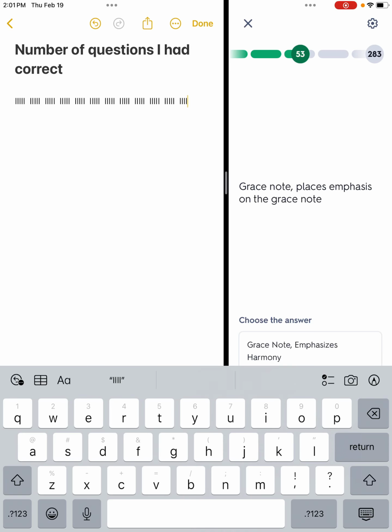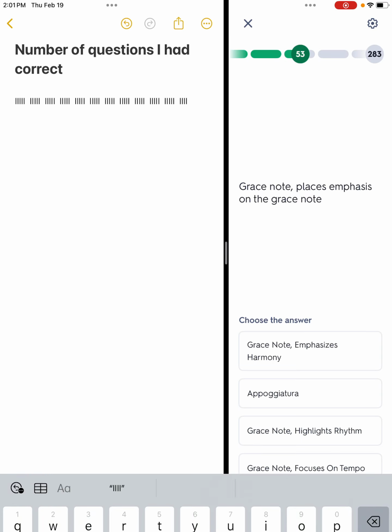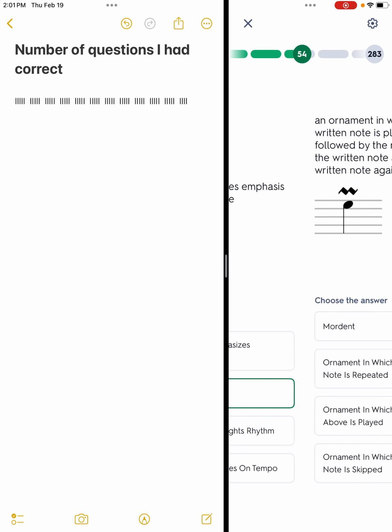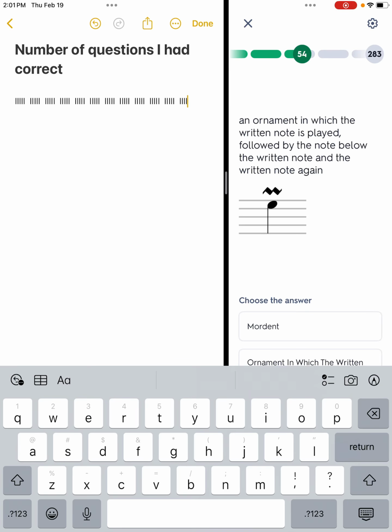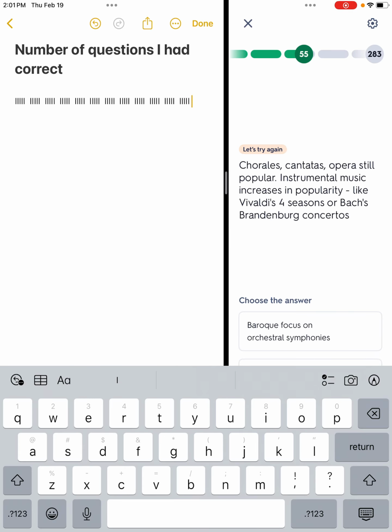Grace note places emphasis on the grace note. Appoggiatura. Mordent. Chorales and cantatas still popular, with instrumental music increasing in popularity, such as Vivaldi's Four Seasons.